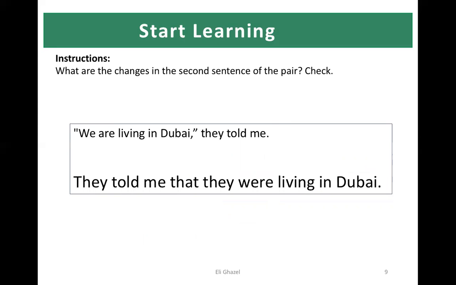We are living in Dubai, they told me. They told me that they were living in Dubai. So what are the changes? Well, there is no comma after me or period. We added the word that. We did not put any quotation marks.